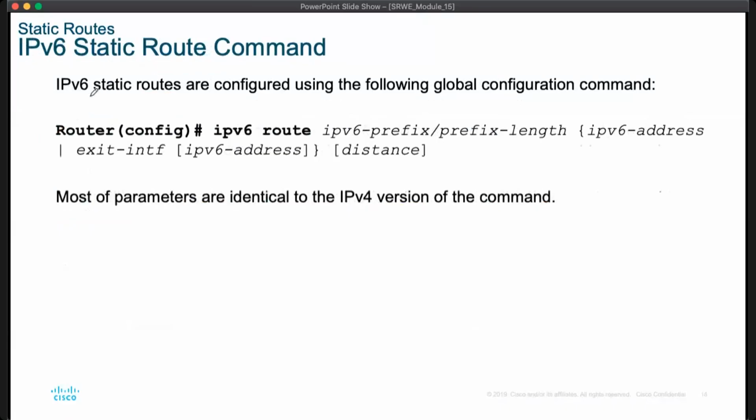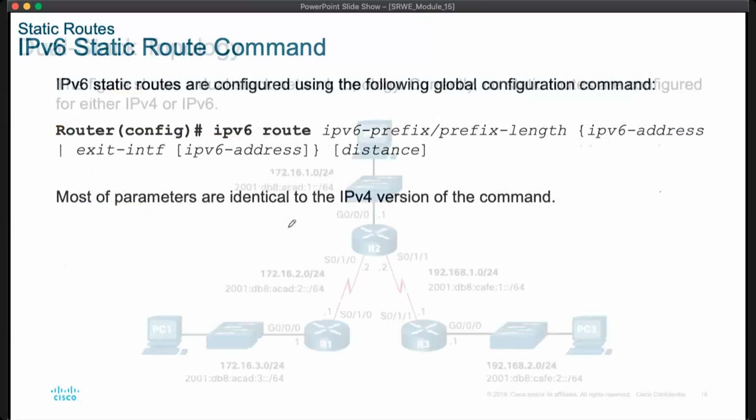For the IPv6 static route, configure using the following command. This command starts from here, ipv6 route, and all the contents. Most of the parameters are identical to the IPv4 version of the command.